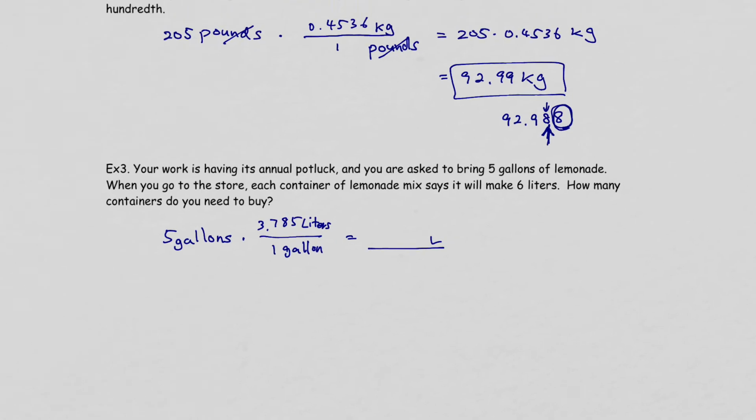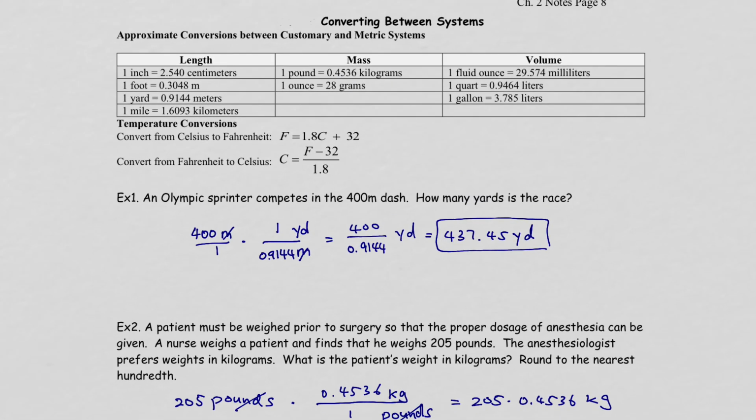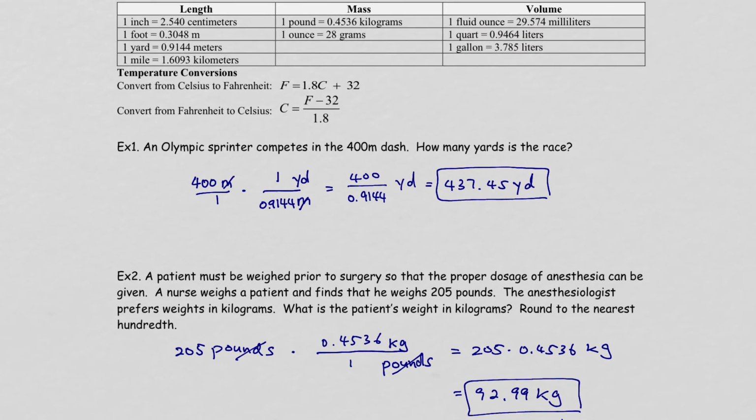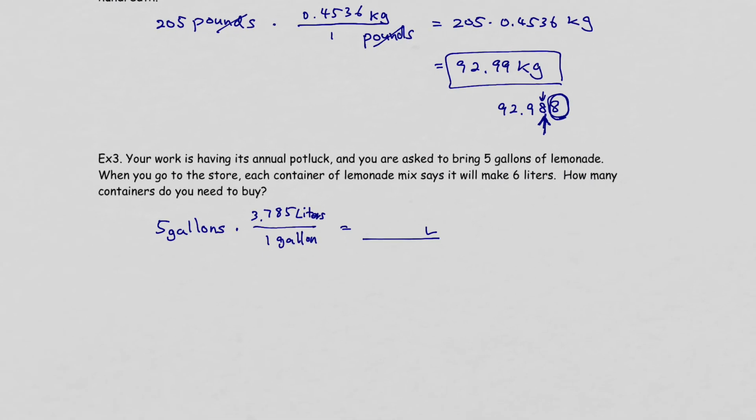Again, where does it come from? It's from the unit comparison table, gallons to liters, right here. When you replace that, you get rid of the gallon and only liters remain.